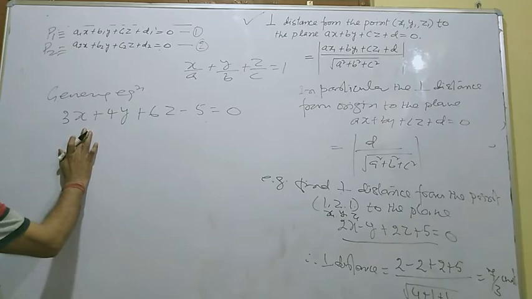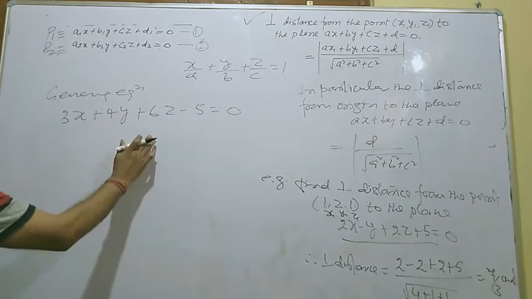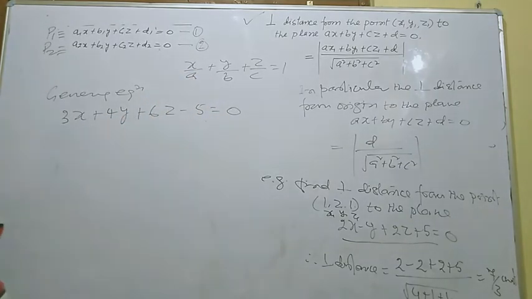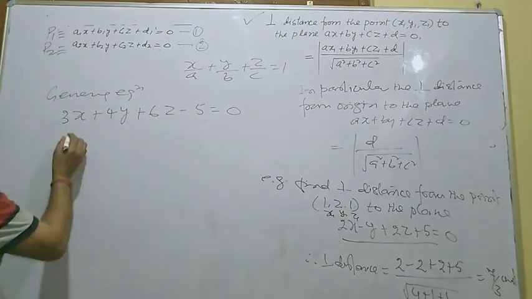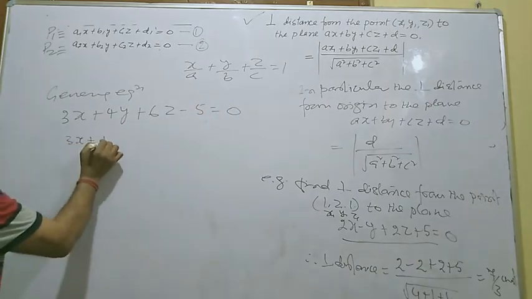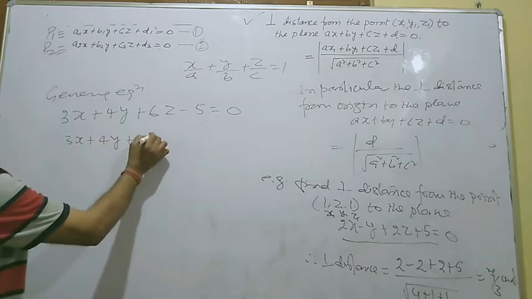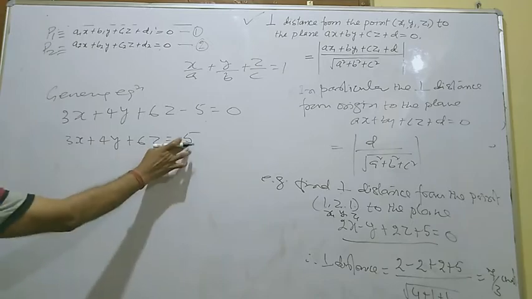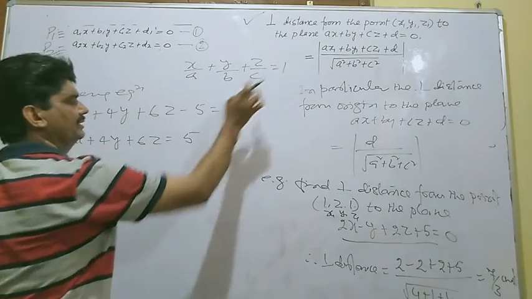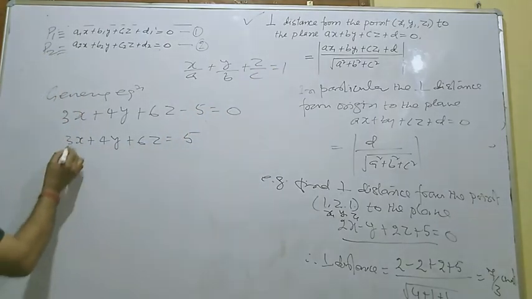To reduce this into intercept form, we transform the constant to the right-hand side: 3x plus 4y plus 6z equal to 5. Then we need 1 on the right-hand side, so we divide by 5.